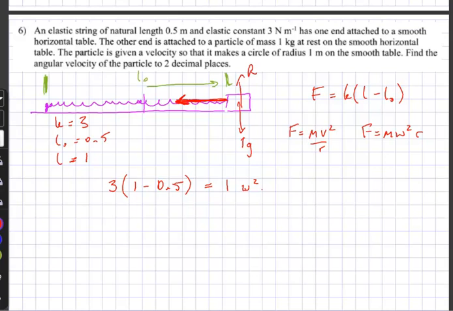Well, the radius of the circular motion is the L length, the length of the extended spring, which in this instance is given as 1. So all works out quite nicely. We've got 1.5 being equal to omega squared. So I can work out omega by doing the square root of 1.5, and that comes up as 1.22 radians per second.